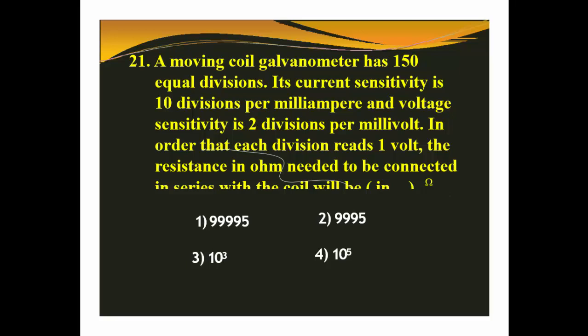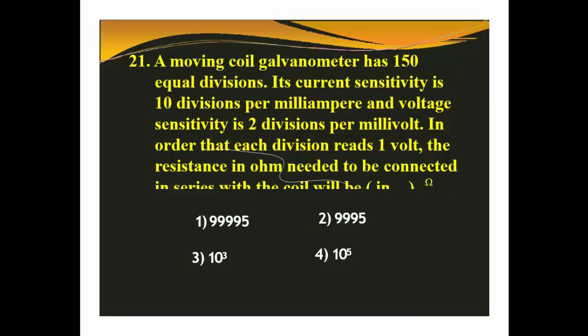21st question. A moving coil galvanometer has 150 equal divisions. Its current sensitivity is 10 divisions per milliampere. For 1 milliampere, 10 divisions are required.